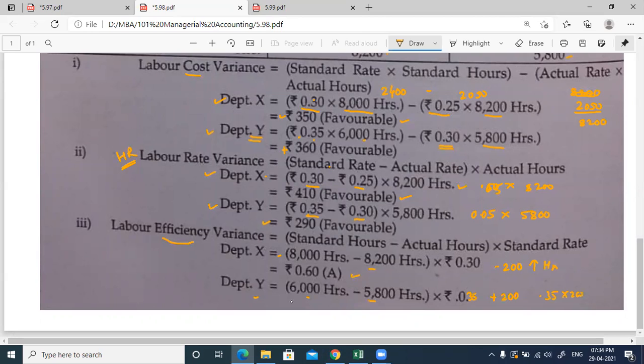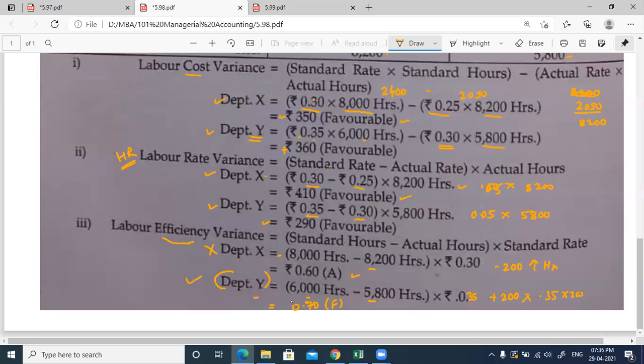Calculate, tell me. 70, and favorable, because it's a plus figure. 6,000 minus 5,800 means plus 200, plus 200 multiplied by 0.35 gives 70, that is favorable. So in labor efficiency, your Y department is fantastic. X department, sorry, you are not able to train people to save the hours.